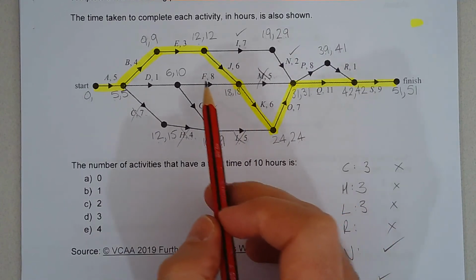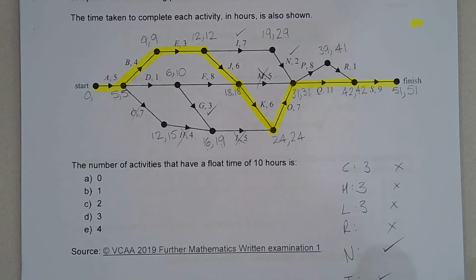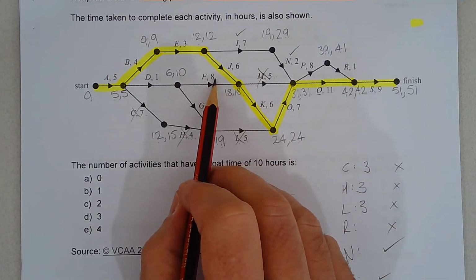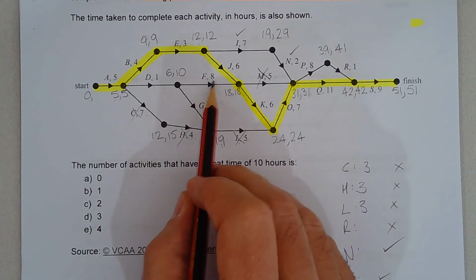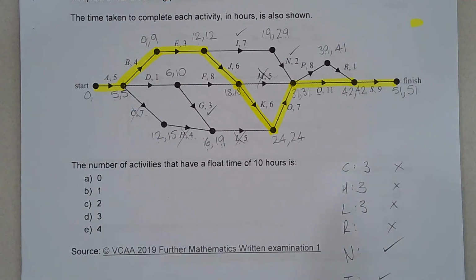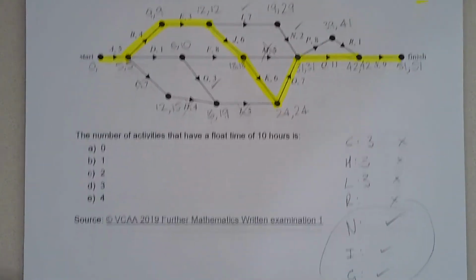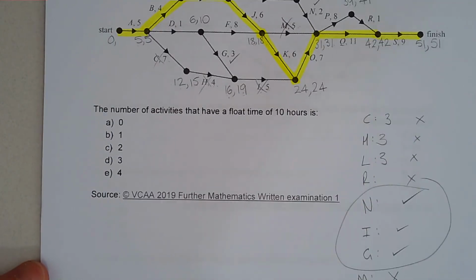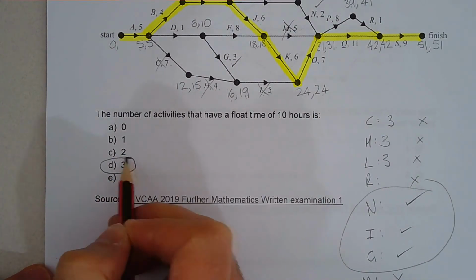And we have F as our last one. So 18 minus 8, well, that's 10. And 10 minus 6, well, that's not 10, that's going to be 4 hours, so F's not there. So it's in fact these three activities there that have a float time of 10 hours. So the answer is D, 3.